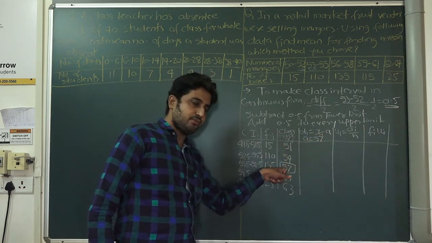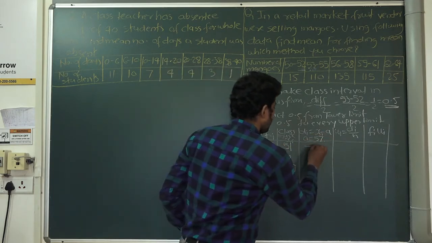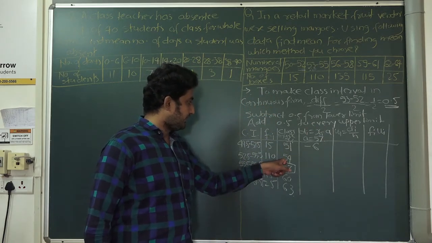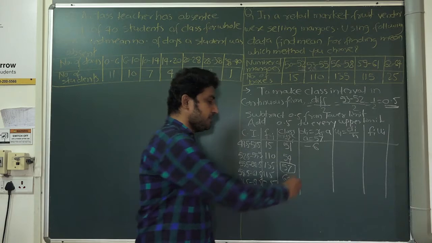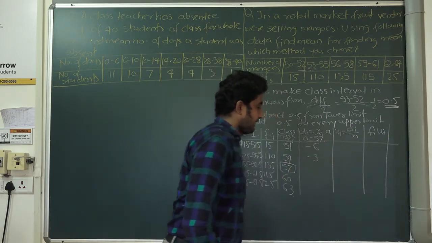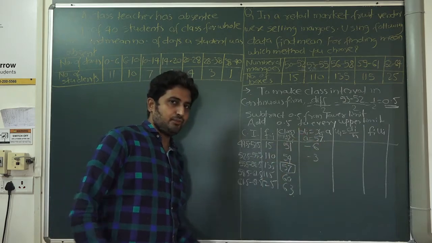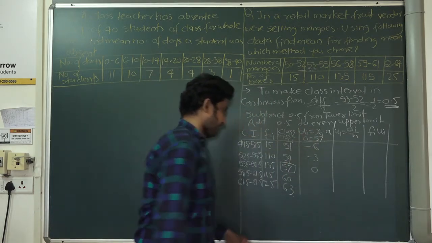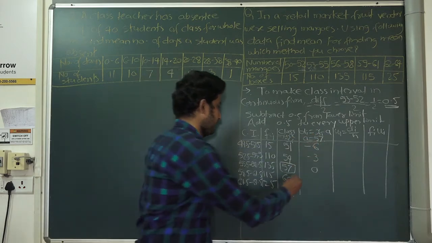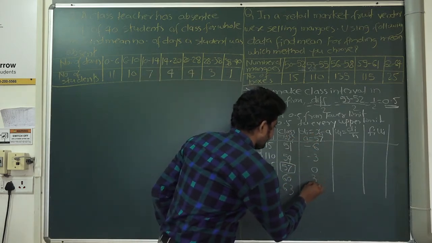So what is the meaning of this? 51 minus 57 becomes minus 6. Again 54 minus 57 becomes minus 3. Again 57 minus 57 becomes 0. 60 minus 57 is 3.